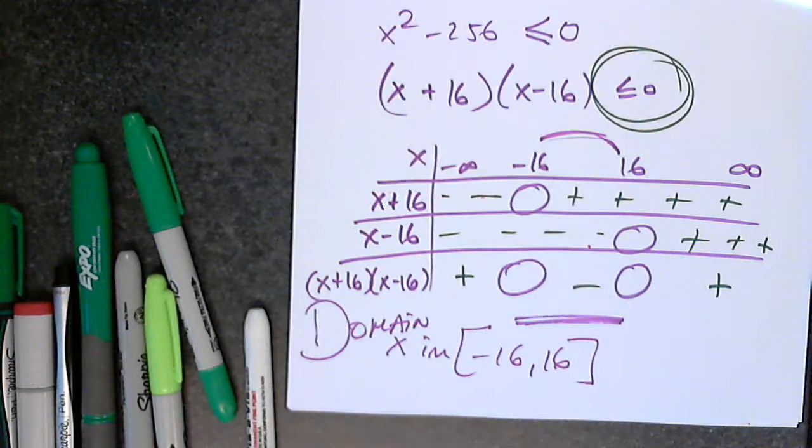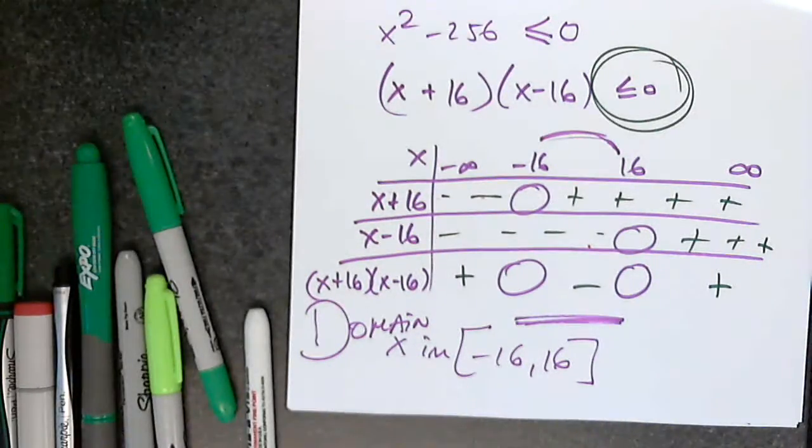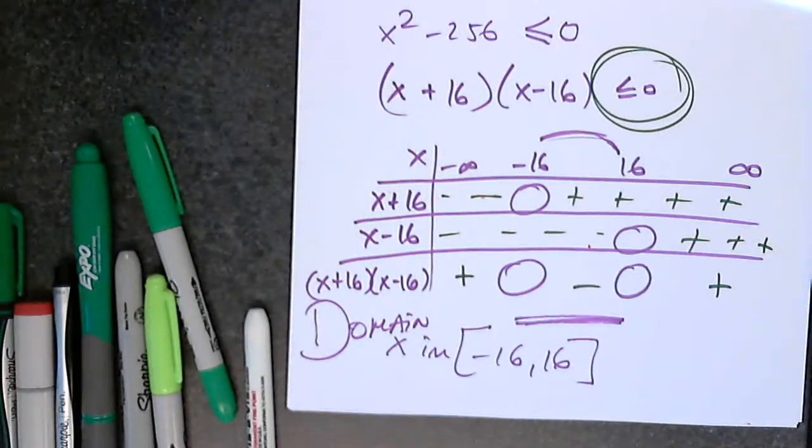Therefore, which interval will you graph this function on? Negative 16. I would choose negative 20, 20 so I can see a little bit to the sides, but the function doesn't exist anywhere else but between negative 16 and 16. So if you go to here it is.